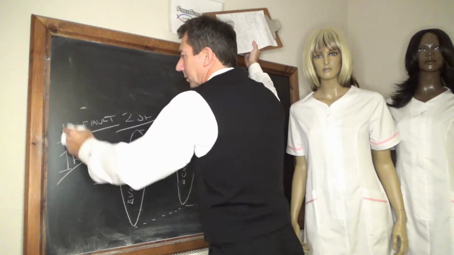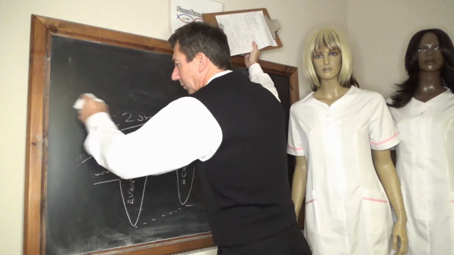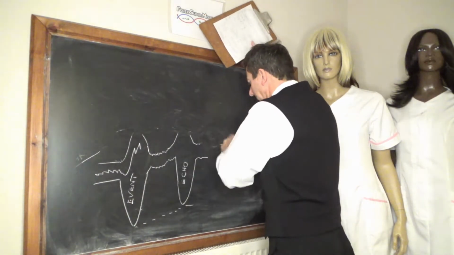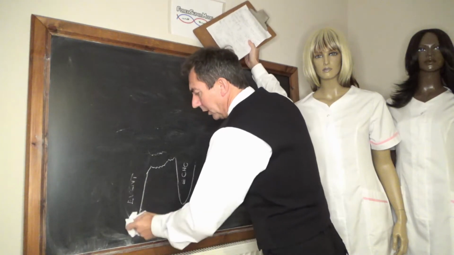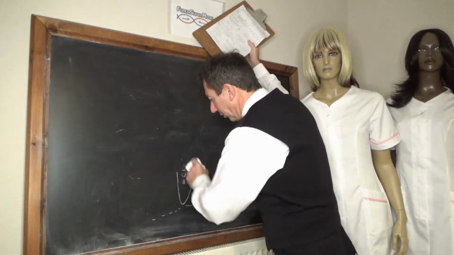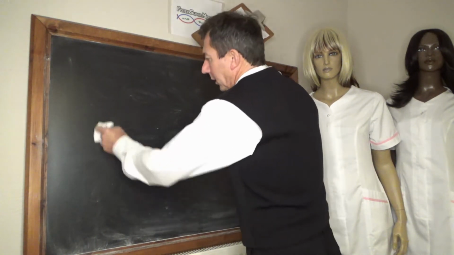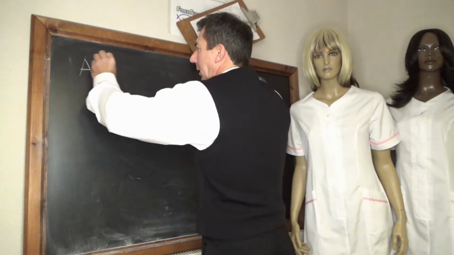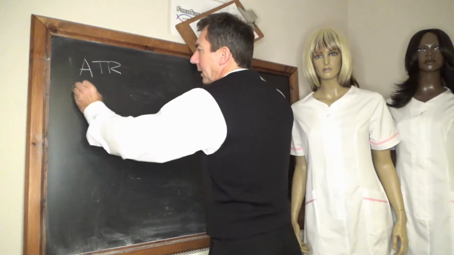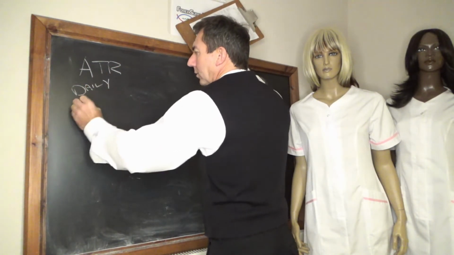Talking about the basic methods of looking at volatility, for example, one of the big flaws of the average true range, the ATR. Let's suppose you're on the daily on the euro dollar.